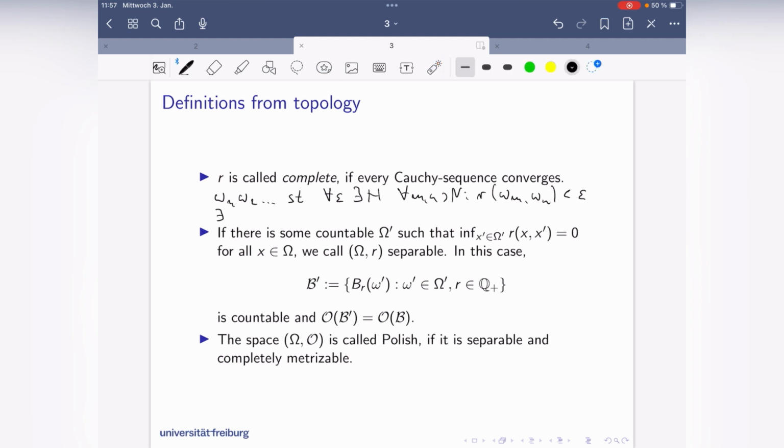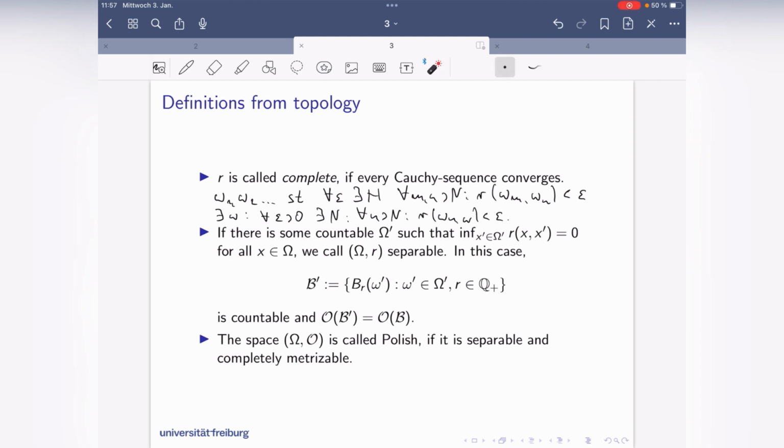So convergence means I find an omega such that for all epsilon bigger than 0, there is an N such that for all n bigger than N, the distance of omega n and omega is smaller than epsilon.